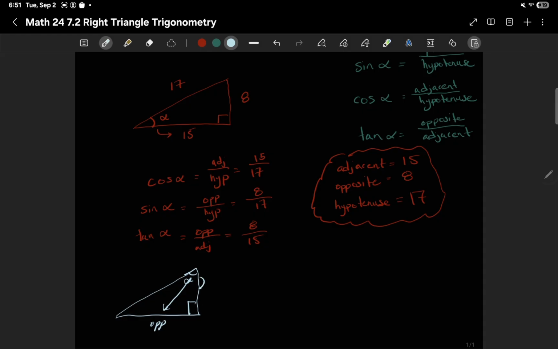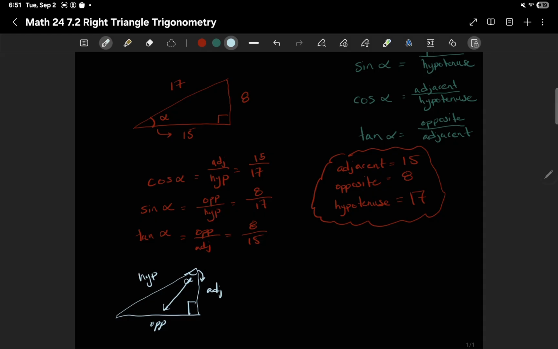The side that's next to, but not opposite the 90, would become, so this side right here becomes my adjacent. And always the side that's opposite the 90 degree is going to be the hypotenuse. So the opposite and adjacent are always relative to what angle you're calling alpha.